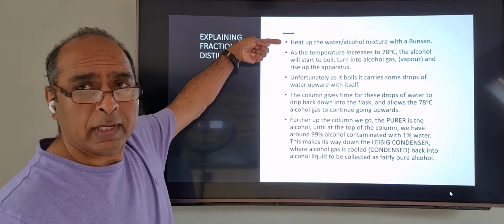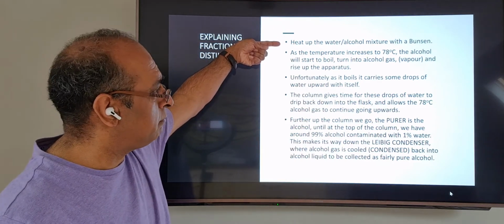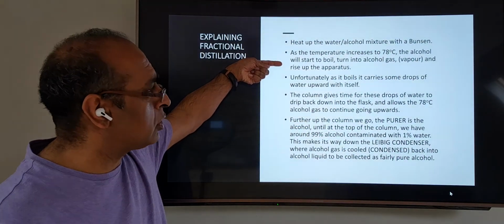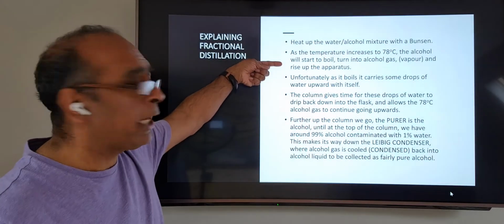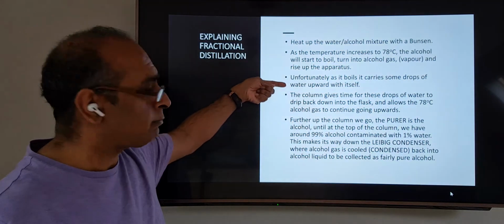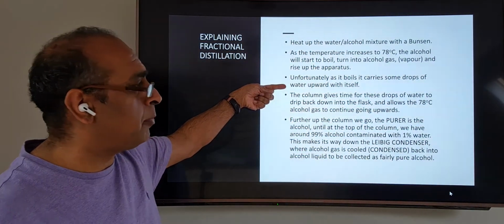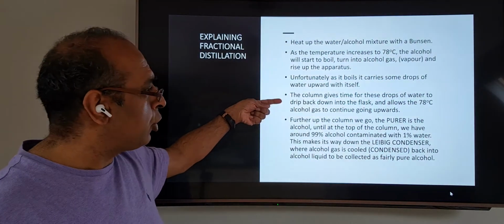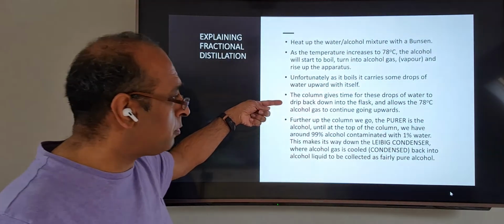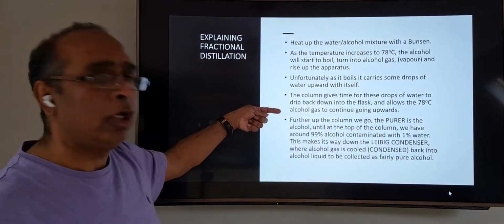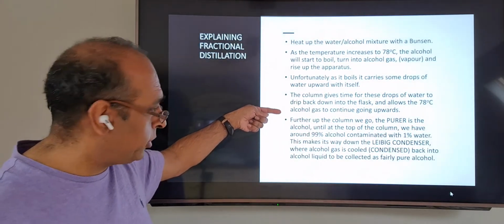So, heat up the mixture. Temperature gets to 78. The alcohol starts to boil, turns into gas. It goes up the apparatus. Unfortunately, as it boils, it carries drops of water with it. The column gives time for these drops of water to drip back down and allows the 78-degree alcohol gas to continue going upwards.